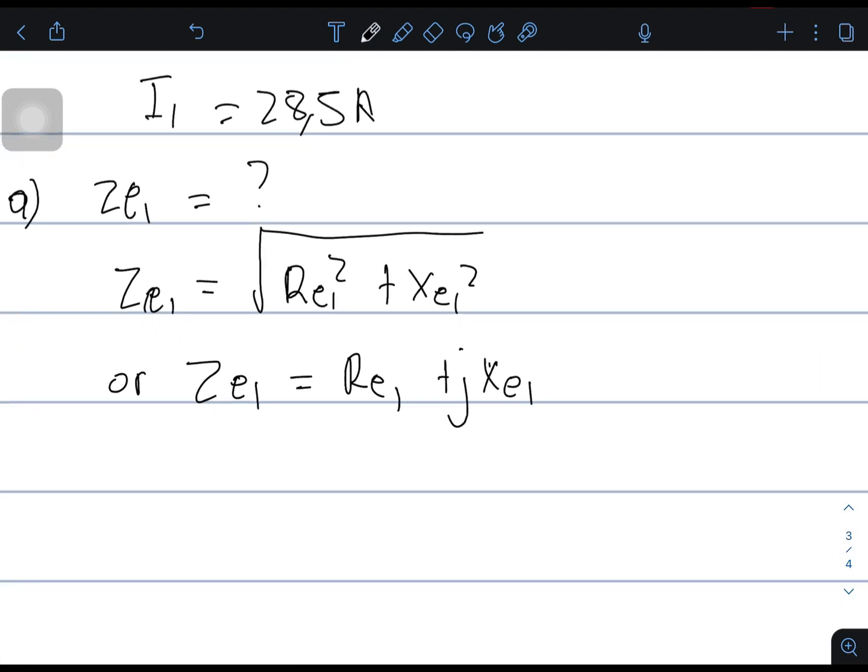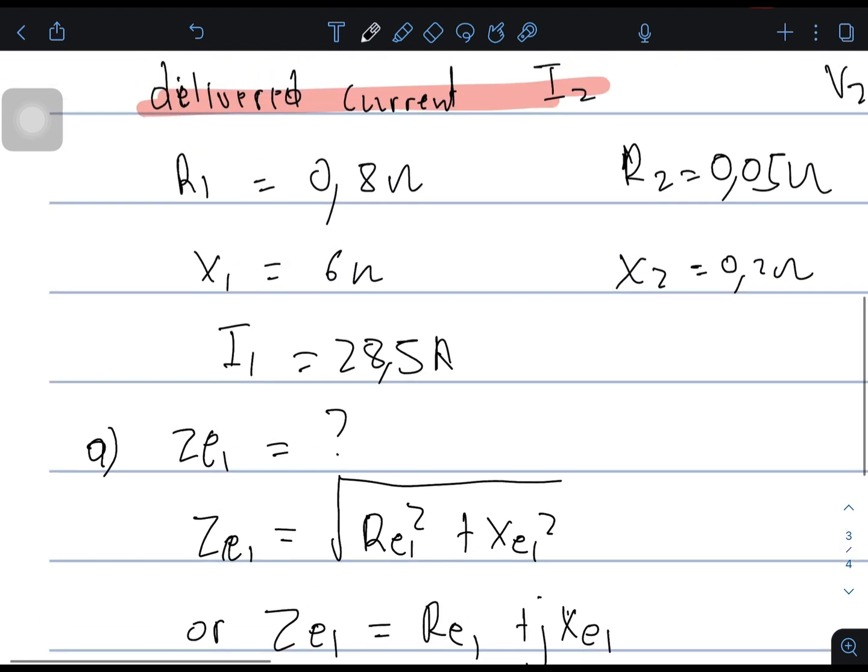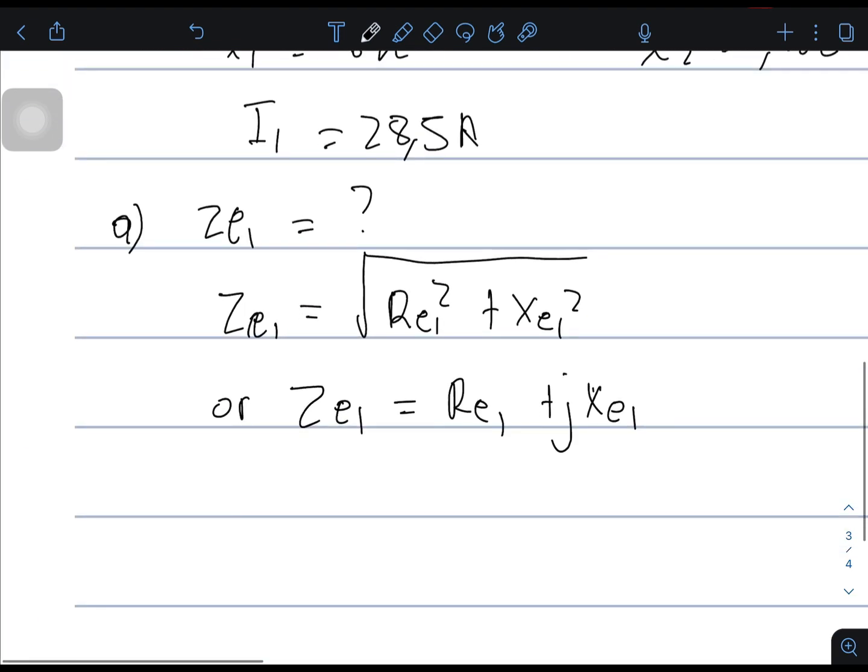Either one of them. But first let's calculate RE1. RE1, remember, is equal to R1 plus R2 prime. Prime means we have referred the secondary resistance to the primary winding.